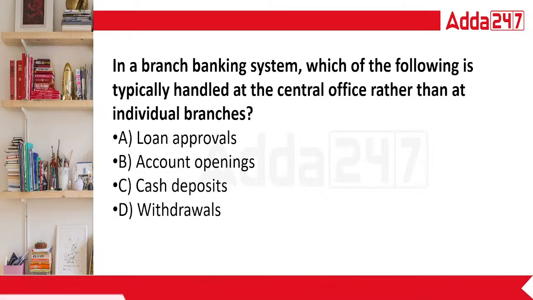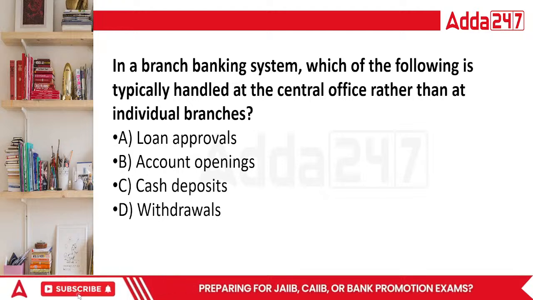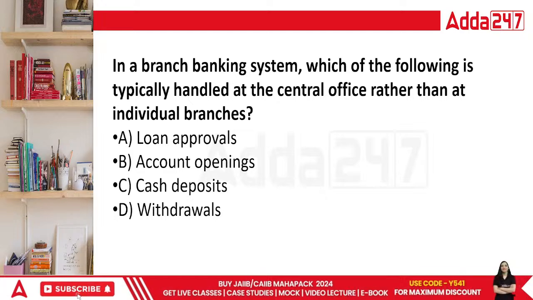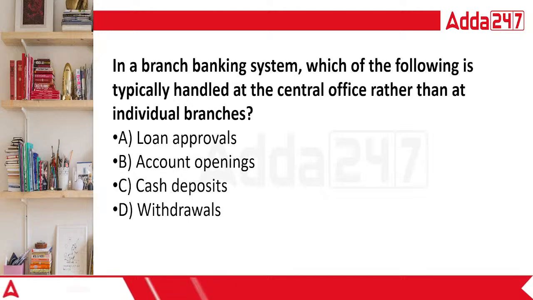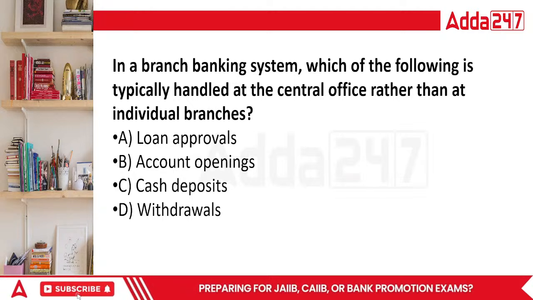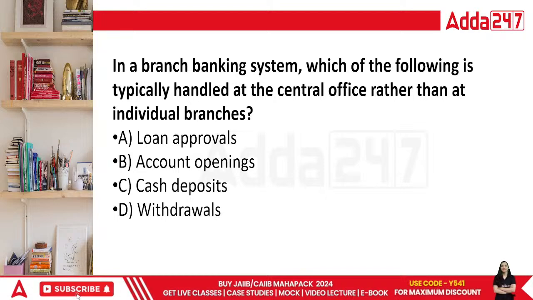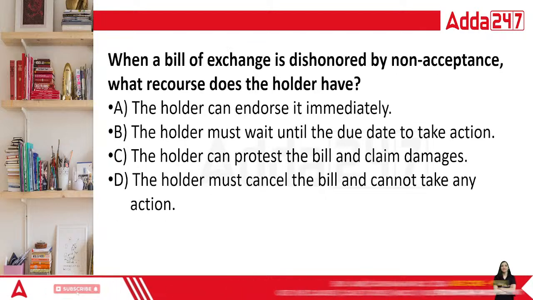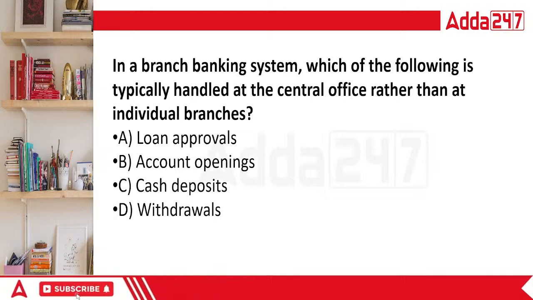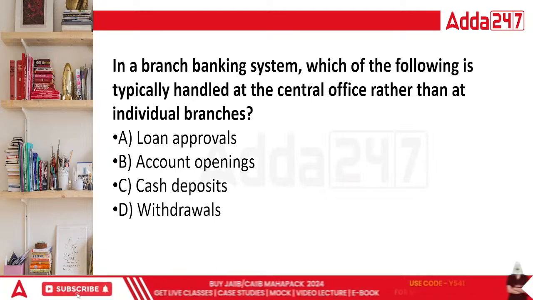Everybody, land and building is tangible in nature. What's going to be the answer in this case? When we talk about the branch banking system, the correct answer is actually A. In terms of loan approval, it is super important, everyone.